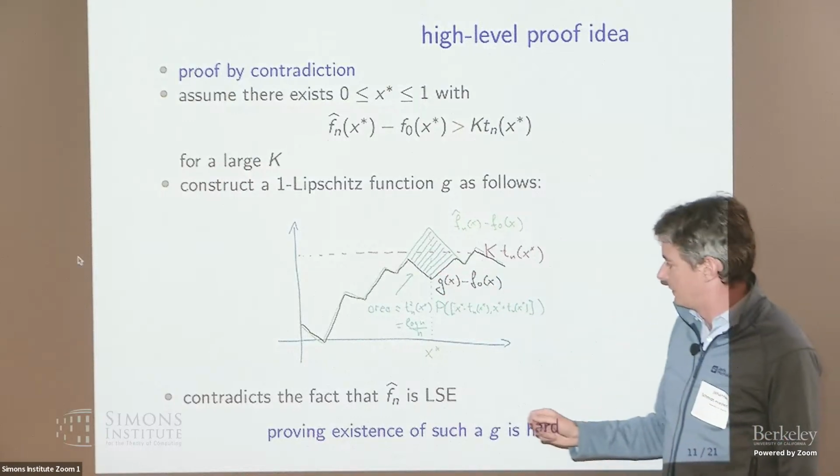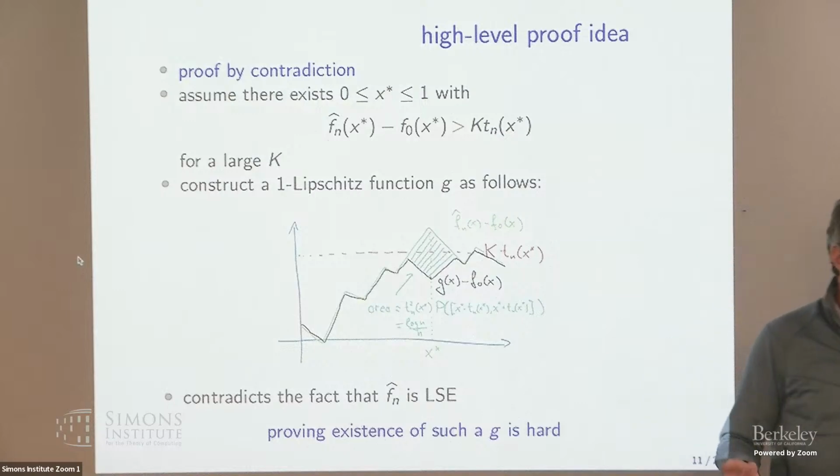Okay, so now that seems all very easy, right? You just construct the g and that's it. But the issue is to construct the g. So why is that so hard? Well, because the least squares estimator f hat will typically lie at the boundary of the space.